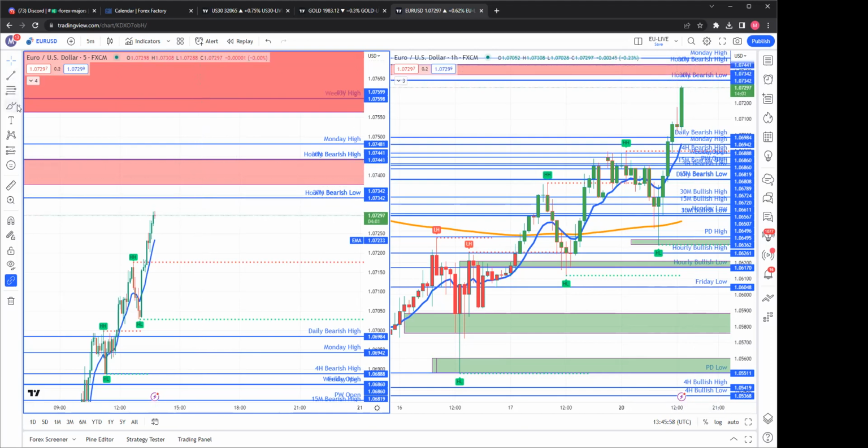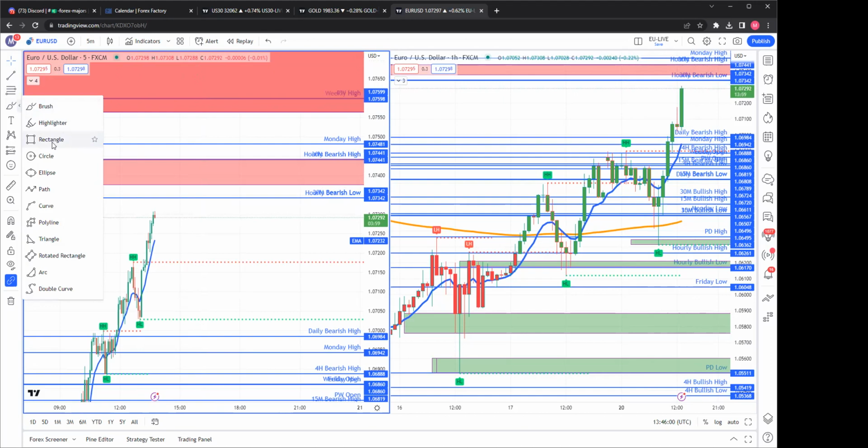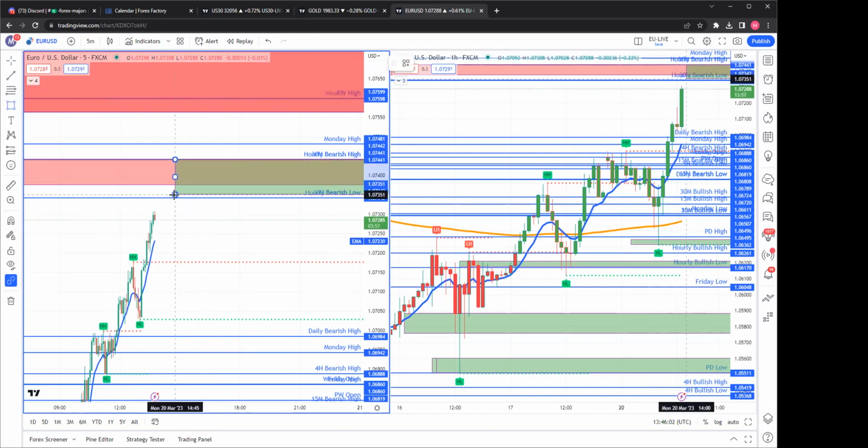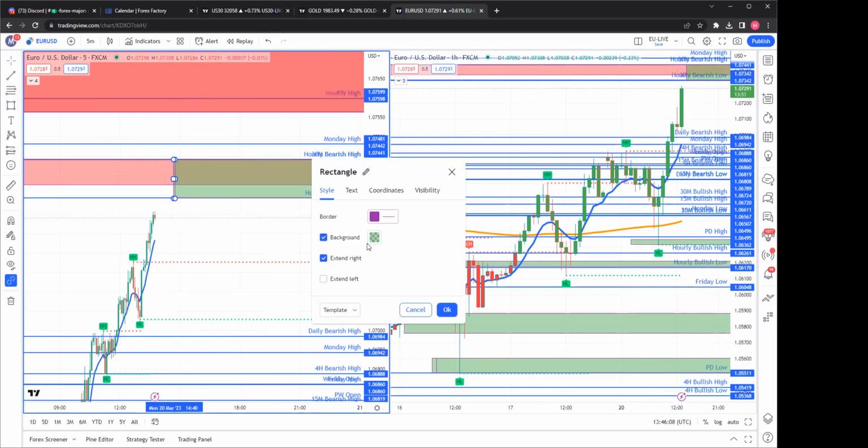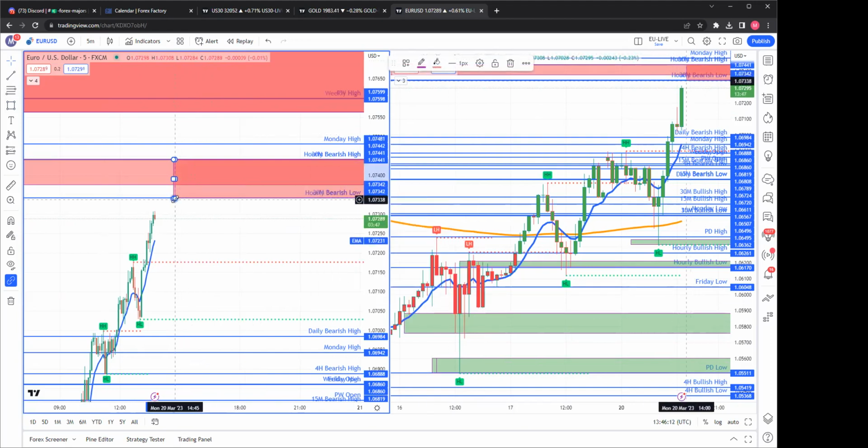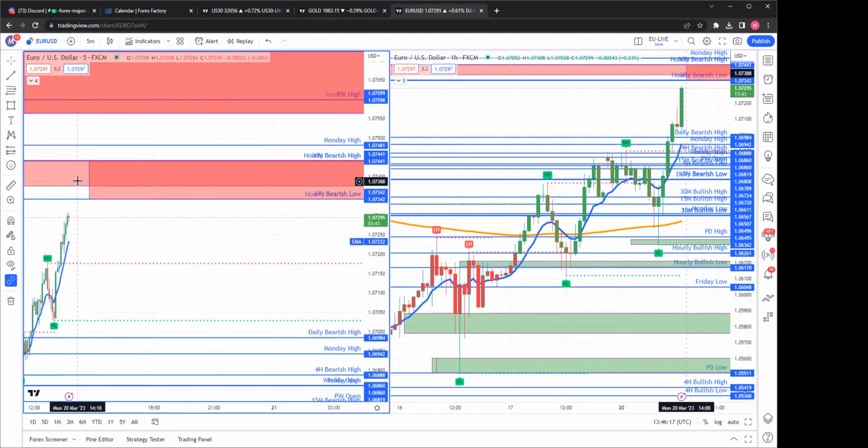So what I'll do here, we have a supply zone within a supply zone. This is the hourly bearish high and bearish low. I'll change this to red because it's a supply zone. And if we do that, you can see we have a supply zone within a supply zone. So ideally we break this zone into three, right?